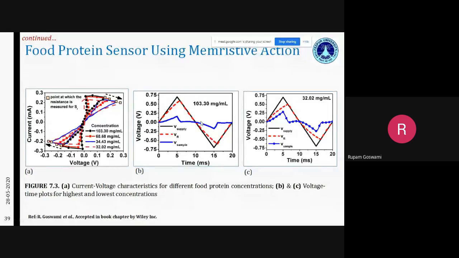And these are two individual curves which are present for 103.30 milligram per milliliter concentration and 32 milligram per milliliter concentration. And you can see for the one with higher concentration, the blue line which you see is the voltage plot across the sensing sample, and it is very non-linear as compared to the blue line here, which is for a lower concentration.